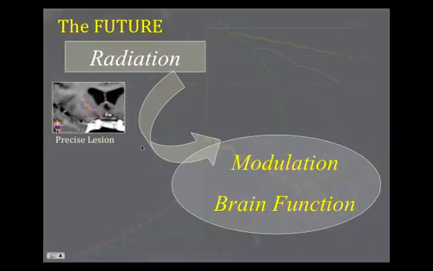For instance, we still can use the very old concept of Leksell when he first started radiation. That's a precise, very focused lesion. For instance, in the treatment of psychosurgery, we're not there yet because we haven't refined the targeting. The deep brain stimulator is a reversible technique.